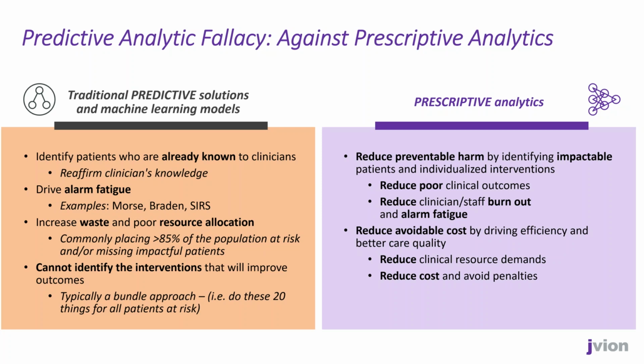Whereas when you want to get into prescriptive analytics and you want to focus on having impact and reducing harm, you want to use the techniques that have a good specificity, a good sensitivity, but a higher level of specificity, and an understanding of what was driving those risks, so you know how to change the individual's trajectory.